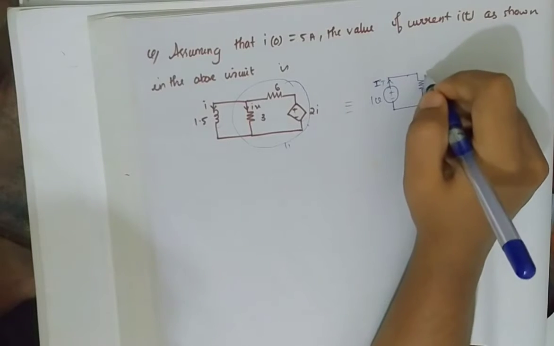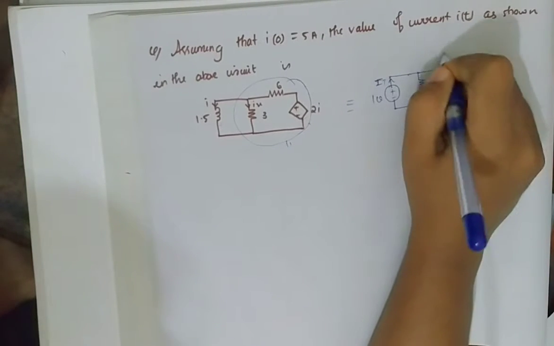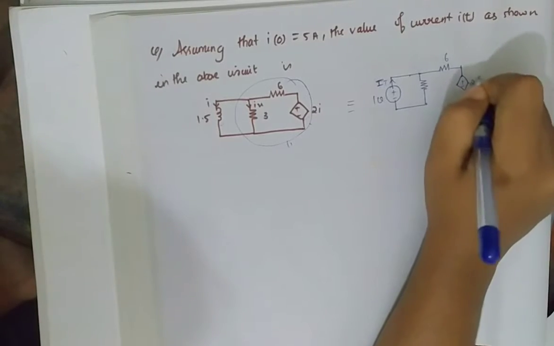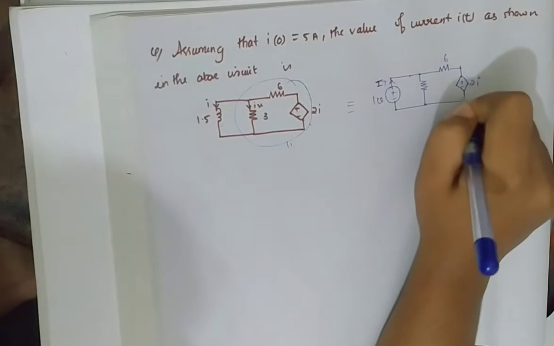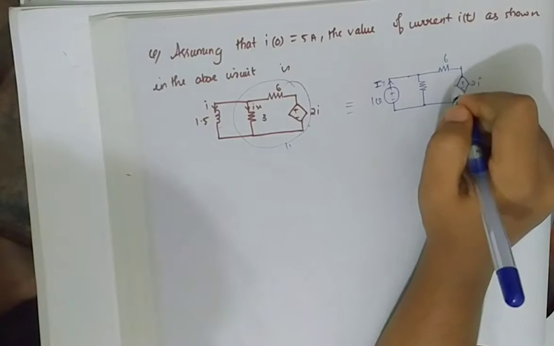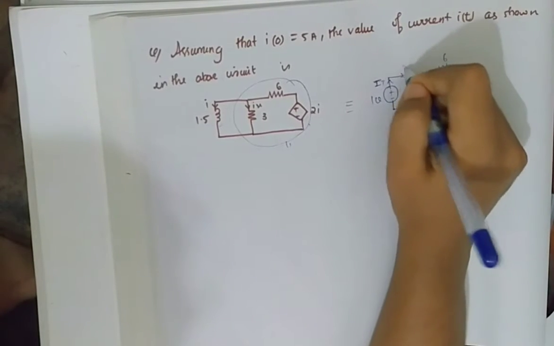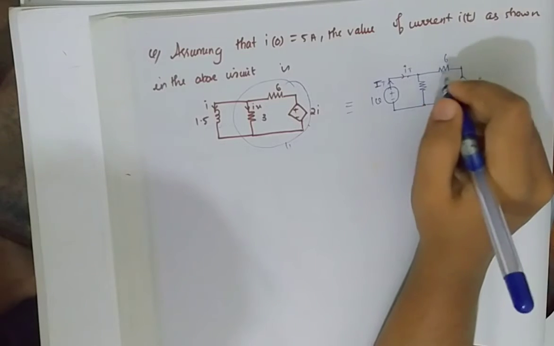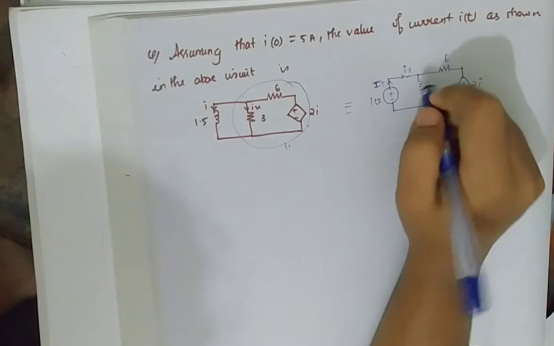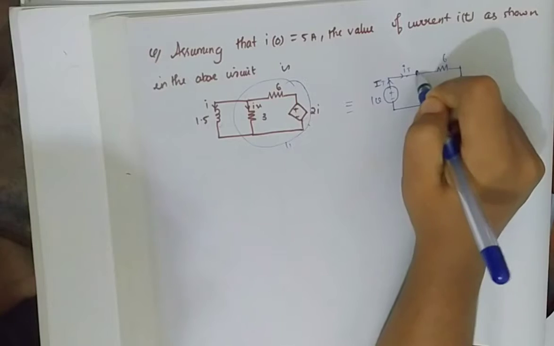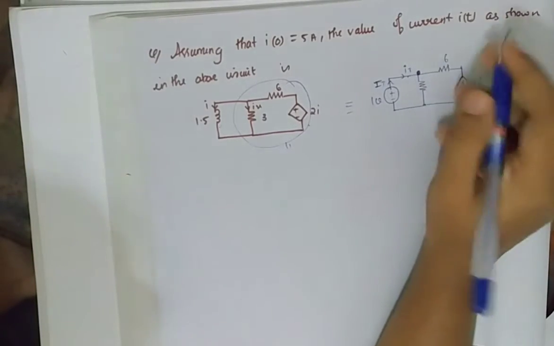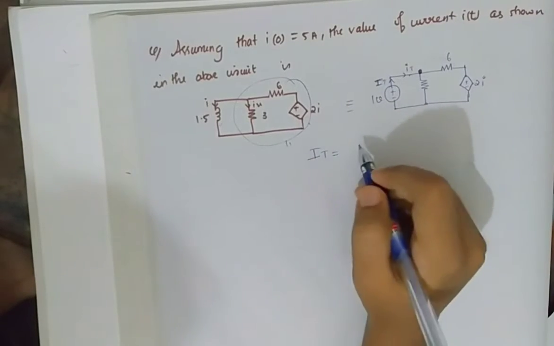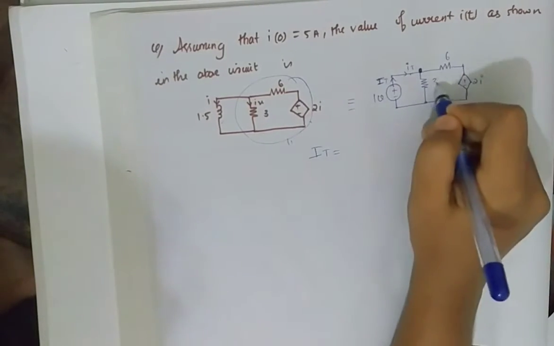So we'll write this as 6, and this one is 2i, right? So the IT current is going over here. Writing the node equation, the voltage over here will be 1 volt itself. IT current is coming to the junction and is being divided between, this is 3, right?